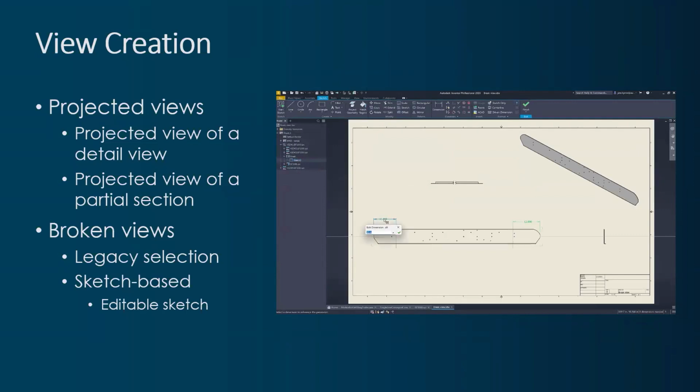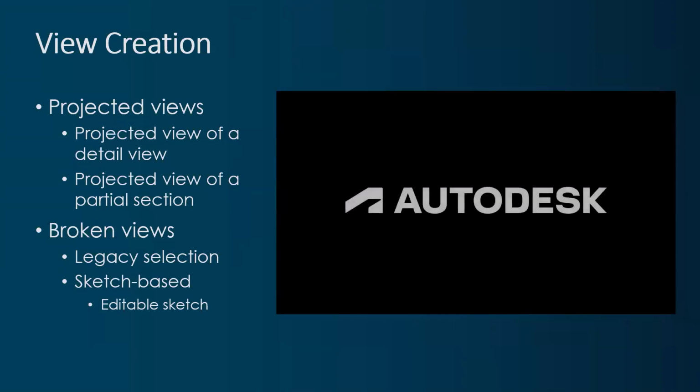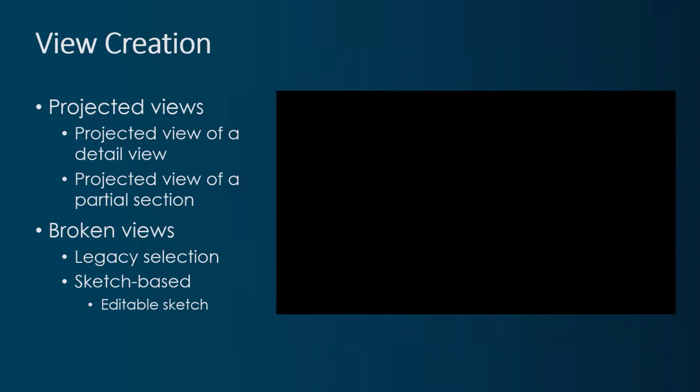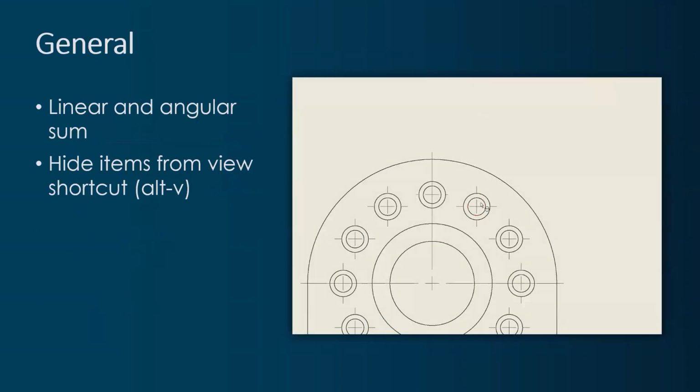So you'll notice in here we can go and dictate where the break line is on a foreshortened part, or a part that is, you know, if you've got a 6 meter long beam and you've got some hole details on each end of that beam, you don't necessarily want to show the middle 4 or 5 meters, so we can cut that away. That option has always been there, but we've now got the option to say, well, I want to display 500 millimeters of the left-hand end and 750 millimeters of the right-hand end of that beam. So Autodesk have opened that option up now to be driven by a sketch.